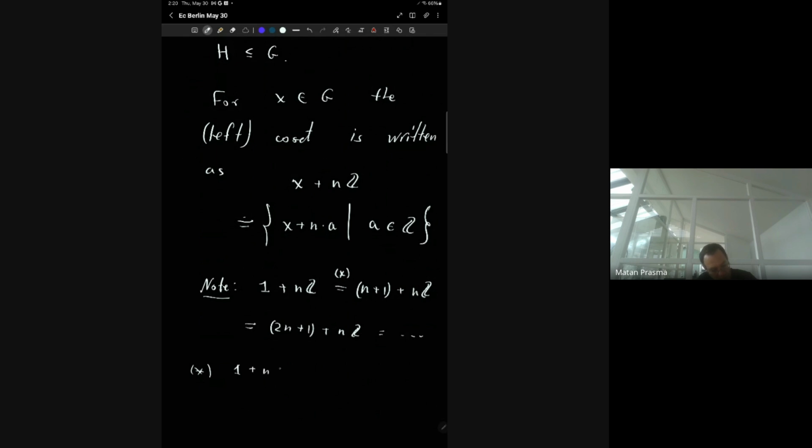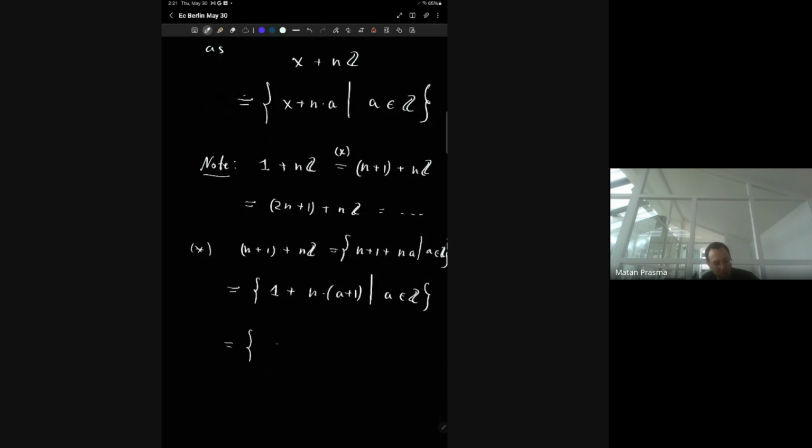Let me do n plus 1 plus nZ. It is the set of numbers of the form n plus 1 plus n a, where a is in Z. But I can write it as the set of numbers of the form 1 plus n times (a plus 1), where a is in Z. And this is equal to the set of numbers of the form 1 plus n a', where a' is in Z. Right?